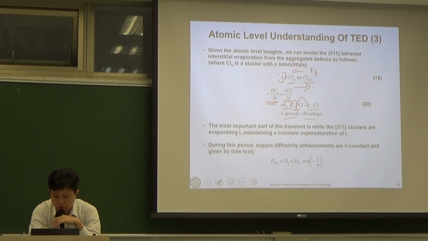But when we go to the left hand side, that's the recombination, because due to this recombination we will reduce this I, so the cluster will begin to shrink. This is a very intuitive expression from the chemical reaction point of view.